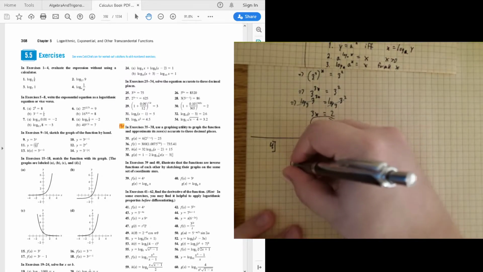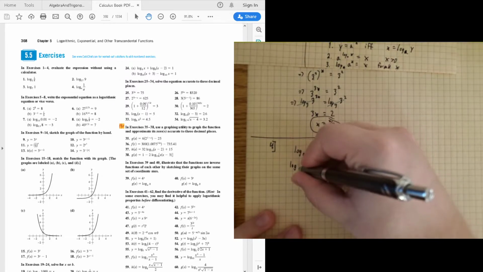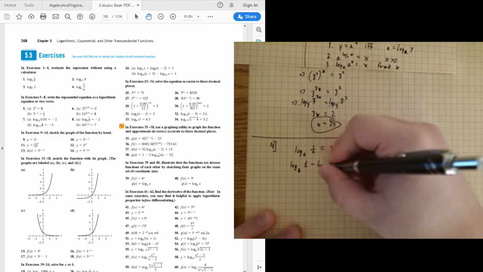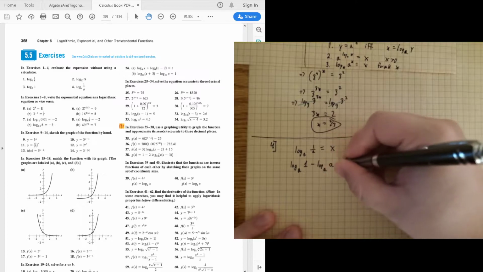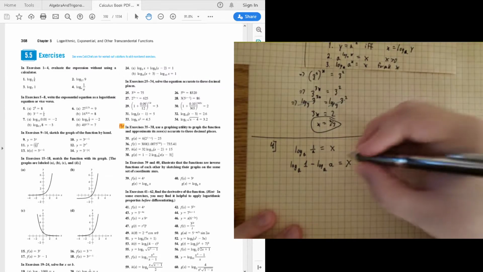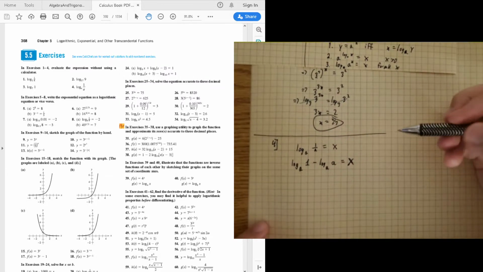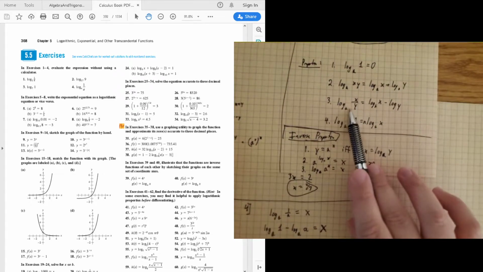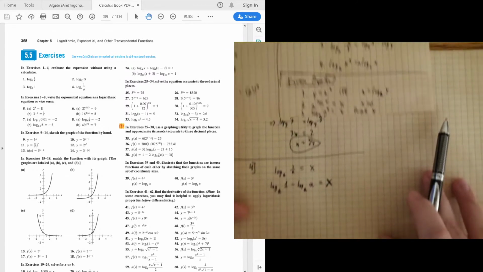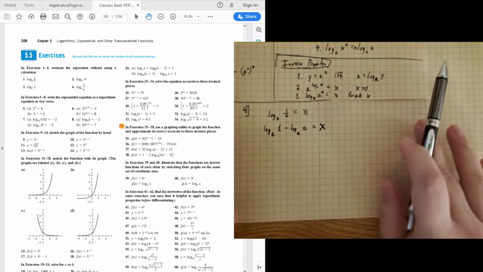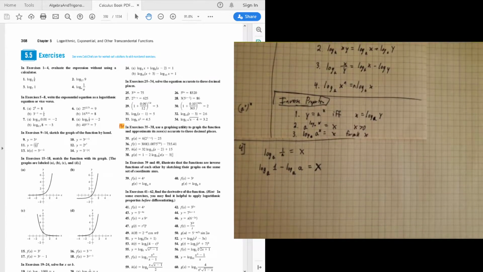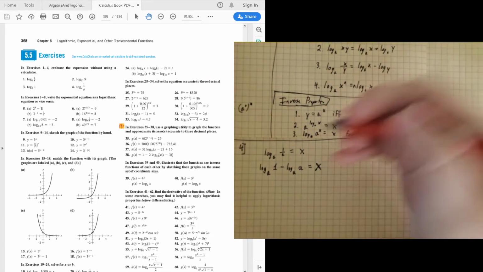I'm going to do this as log base a of 1 minus log base a of a equals x. That's allowable using our property right here. Division becomes subtraction. So I rewrite the function as a subtraction sign.